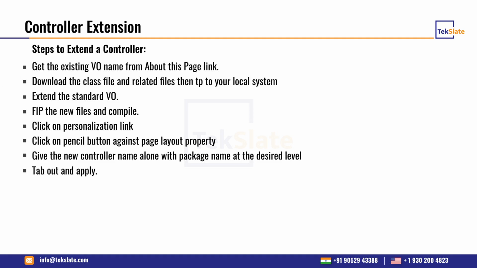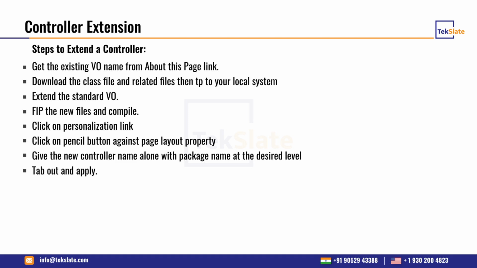This slide will explain the steps to extend a controller, how an extension of a controller can be achieved. I don't think it will be helpful for you in the demo class, but anyway, I'll go through this slide. First, once the page is open and you want to extend a controller, there is an About this Page link at the bottom of the page, at the extreme left or right side.